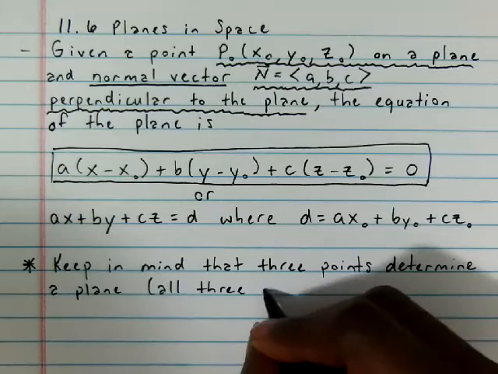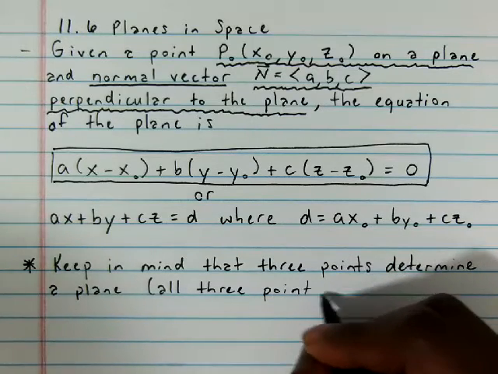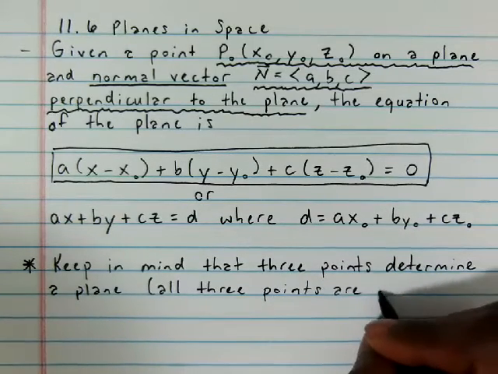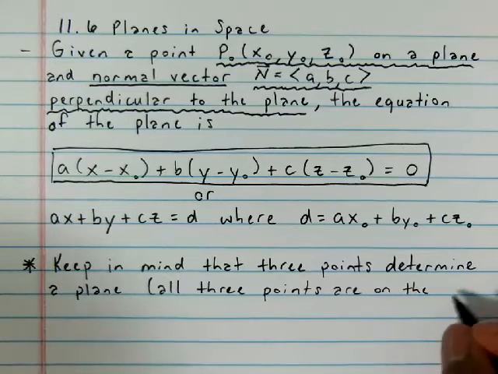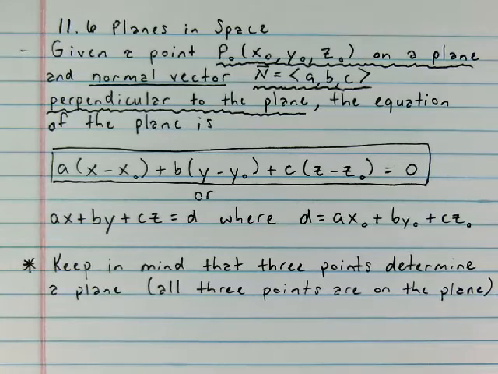All 3 points are on the plane. So if you're given 3 points, you automatically have a plane that corresponds to those 3 points. Just like in the past, if you were given 2 points, those 2 points determine a line. Any 3 points determine a plane.